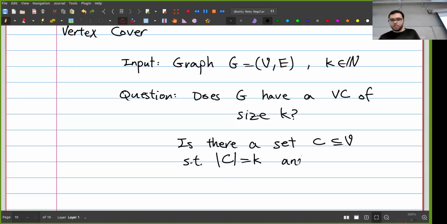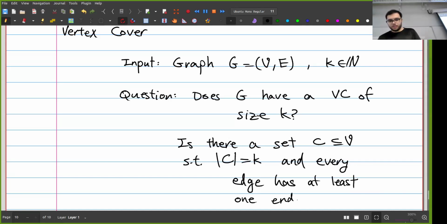Every edge has at least one endpoint in C. Okay, this is the vertex cover problem.